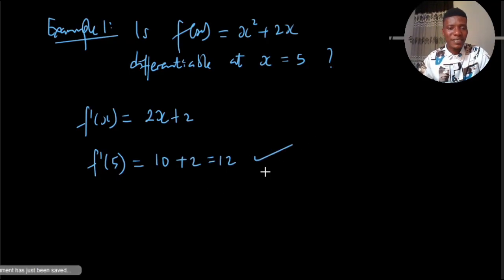Since this exists, then it is differentiable. In fact, every polynomial function is differentiable at every point. Take note of that. Another example, you just need to understand the concept of continuity and differentiability before we move to Rolle's theorem.